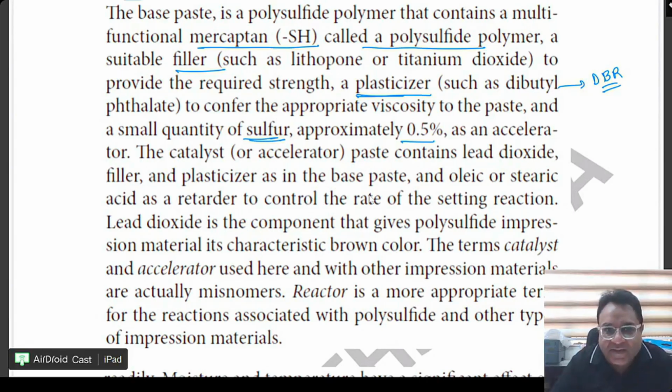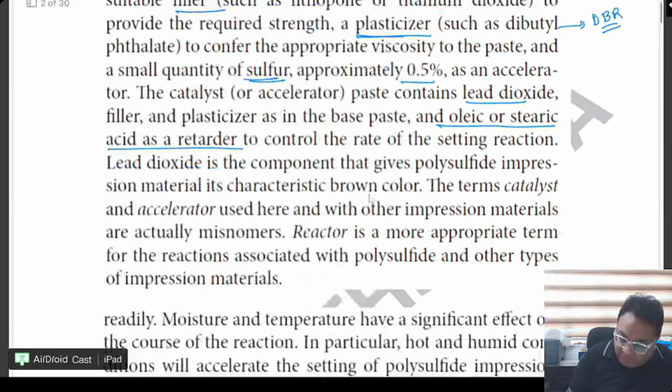We have just seen the MCQ. The catalyst or accelerator phase contains lead dioxide with filler and plasticizer also. Oleic acid or stearic acid acts as a retarder to control the rate of setting reaction. The brown color is coming from lead dioxide.